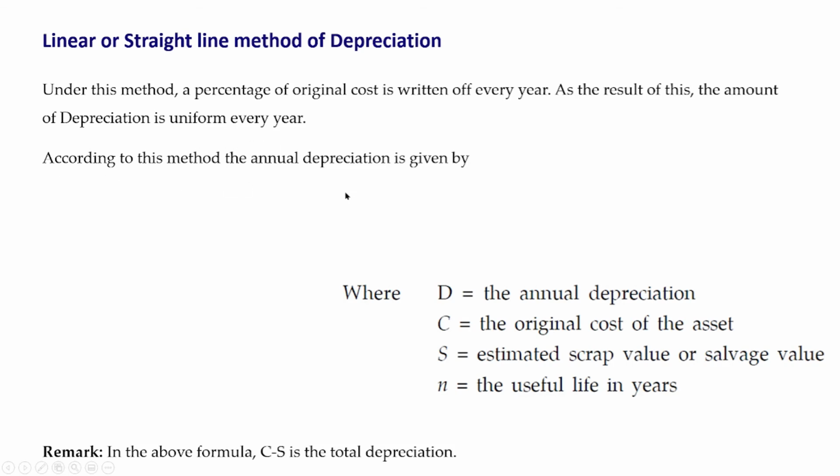According to this method, the annual depreciation is given by D equal to (C minus S) upon N, where D is the annual depreciation, C is the original cost of the asset, S is the estimated scrap value or salvage value of the asset, N is the useful life of the asset in years. Here in this formula, C minus S represents total depreciation.